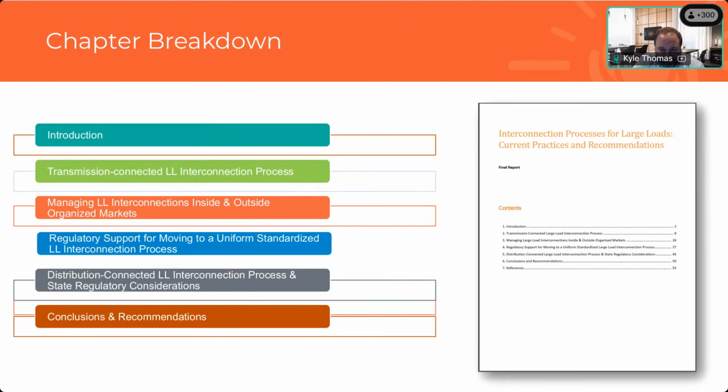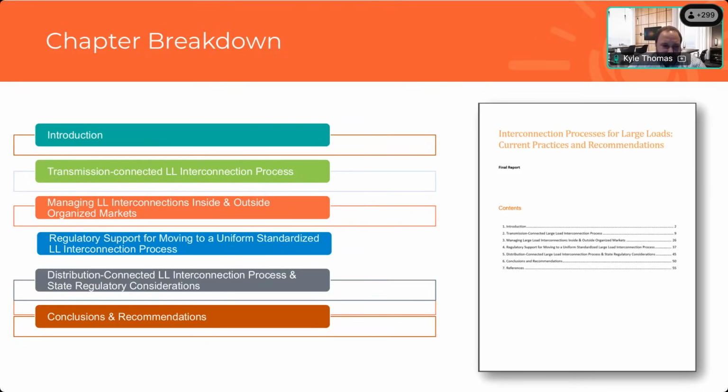So large load is more of the type there, but there's a lot happening in that space as well. And how do we consider that interconnection process, state regulatory considerations, and adopt what we recommend on the transmission side where applicable and possible. And then we end with overall conclusions and recommendations.